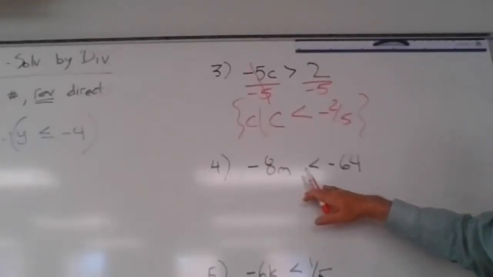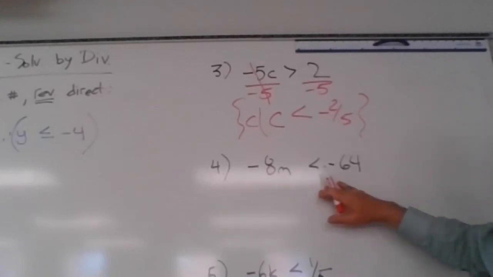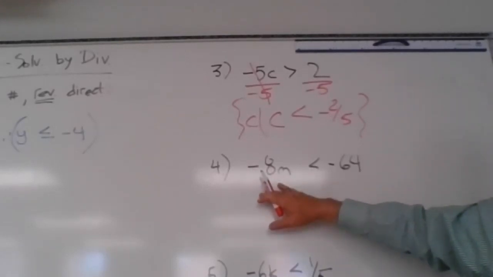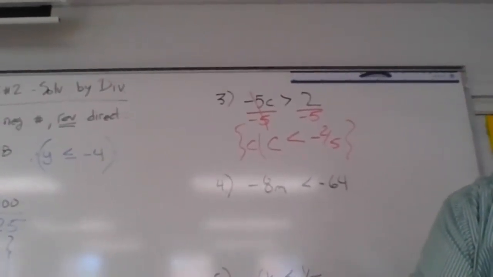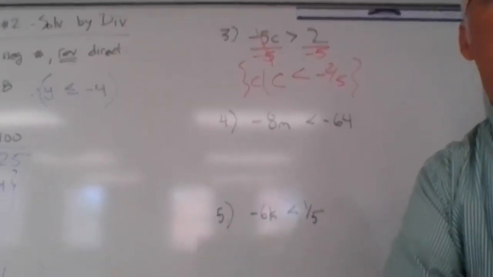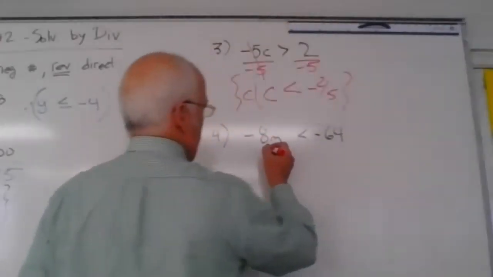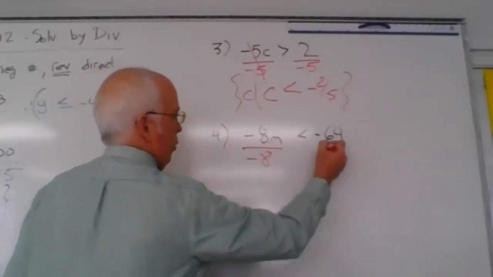All right. So, Mr. Campbell, since you're there, how did you or will you solve number 4? Divide each side by -8. Divide each side, and what else will I do as a result of that?